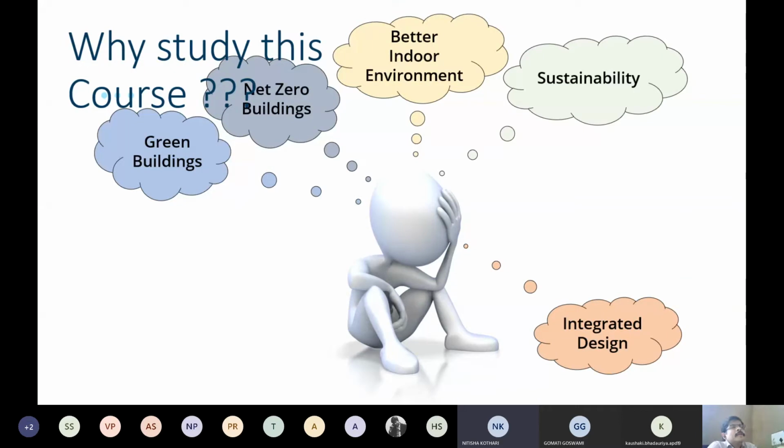Can you tell me whether green buildings are net zero energy buildings? Don't know. Okay. Nitisha? Maybe or may not be. See, a net zero building doesn't need to be a green building.